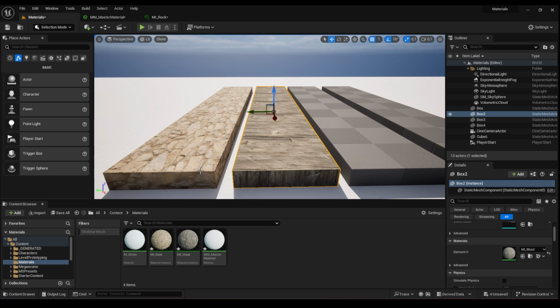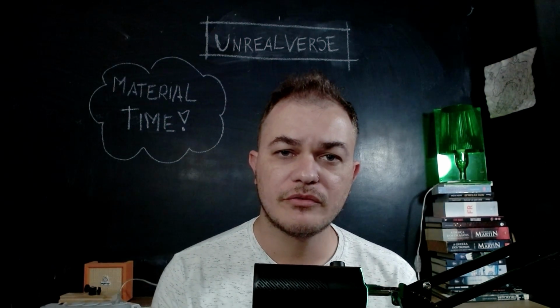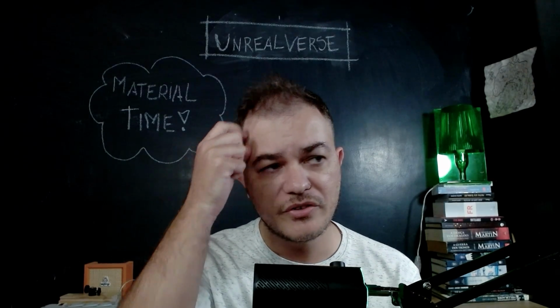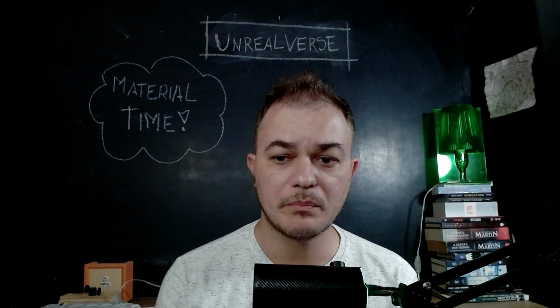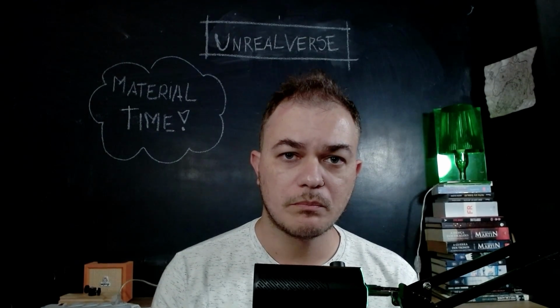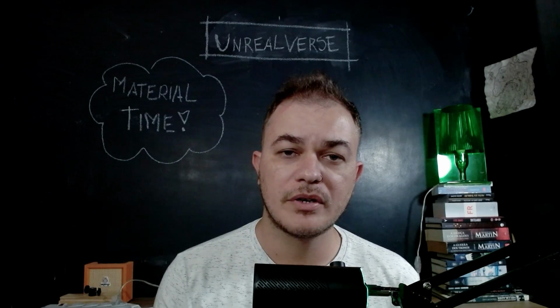And now the other subject that I have in mind to talk about today is material functions. So let's start doing that. Well, material functions, for those that are familiar with programming languages, are pretty much the same as functions. They have the same concept. They are nothing but some code, some script that you made that you can reutilize over and over again.